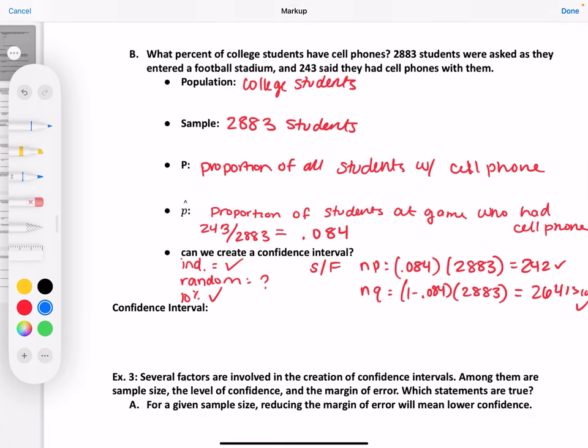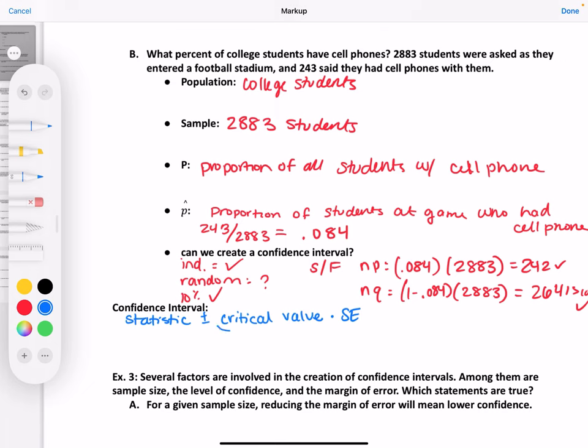So the confidence interval, basically what it means, is the statistic plus or minus the critical value times standard error.